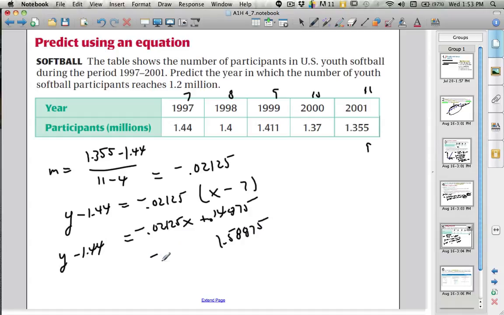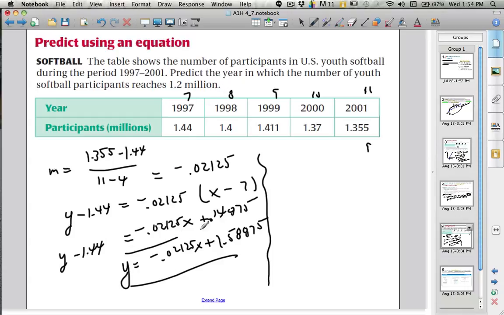And over here I have negative 0.02125x, and y equals that. So what they'd like to know is what's the year, right? So this is my equation. What's the year in which the number of participants is 1.2 million? So that's going to go in for the y.